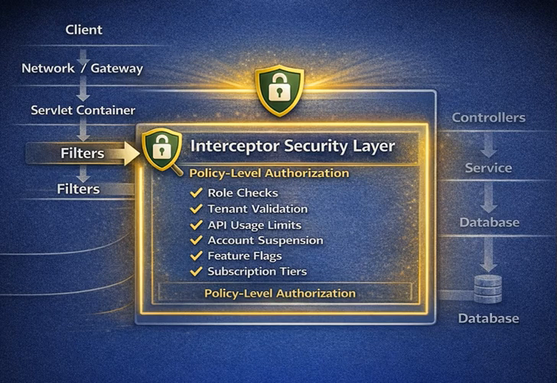So for Spring, an interceptor is a component that sits between the filters and the controllers, and it allows you to intercept HTTP requests inside Spring MVC. And of course, I'm talking about Spring because, like I said, this series uses Spring and Java as the tech stack in teaching it.